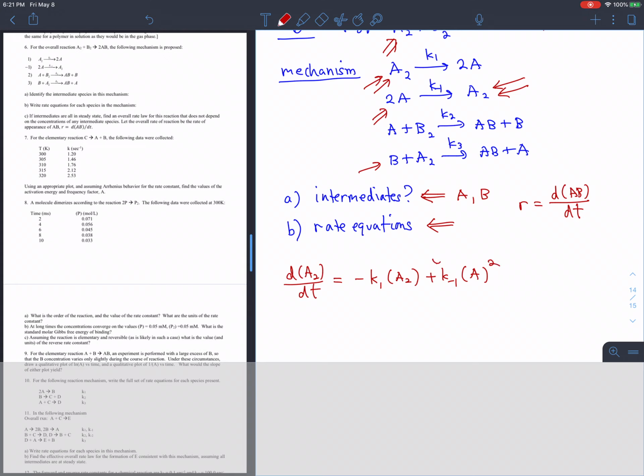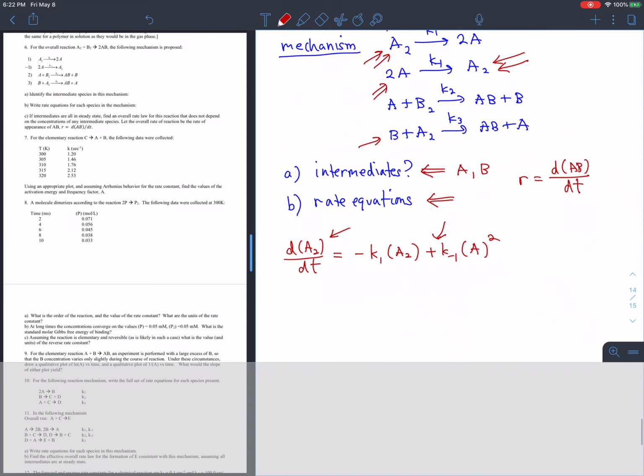No 2 here in front, right? Because we're writing the rate for A2, which doesn't have a 2 in front of it, not for A, even though there's a 2 in front on the other side of the reaction. And then a third term coming from this reaction, which is going to be minus K3 times B times A2. And I think that's it for that one.